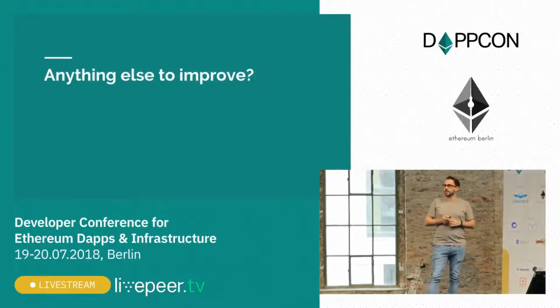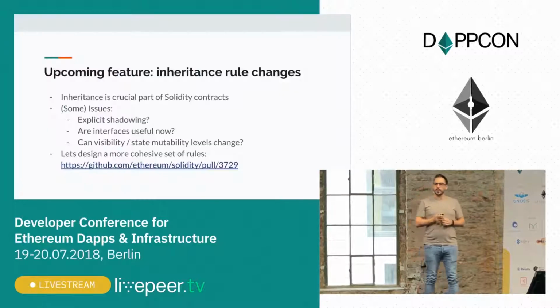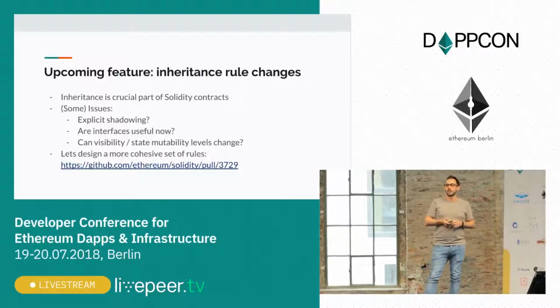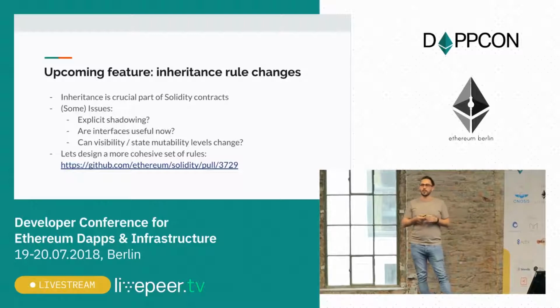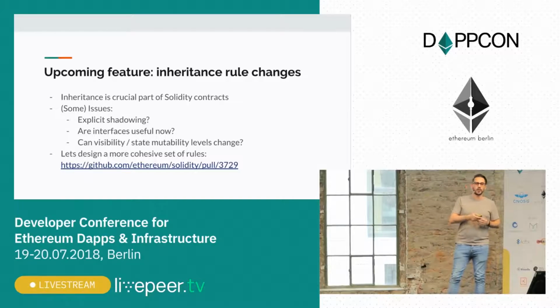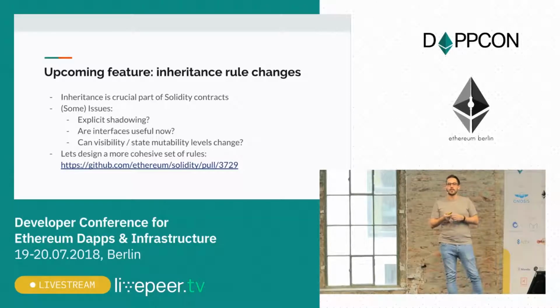Is there anything else? Of course, there are a lot of other things. One really big topic, which unfortunately won't really make it into 0.5.0, is redefining inheritance rules. Inheritance in Solidity is really important, because we are composing contracts of multiple abstract contracts or interfaces. And a couple of questions we have there are: what about shadowing? What about when we redefine or override a function which is defined in the parent?